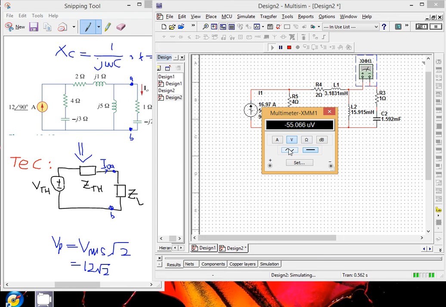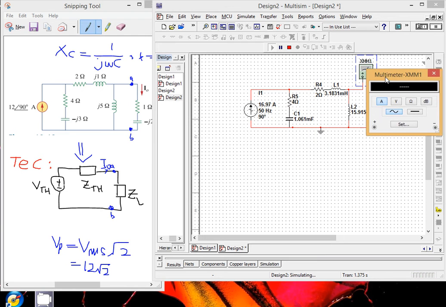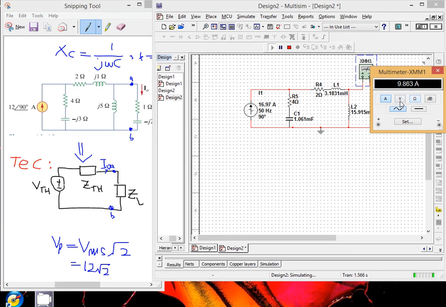So you have to change this to AC current and this to ampere. So the value should be 9.8.